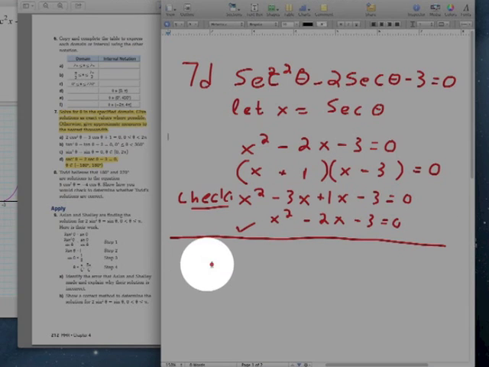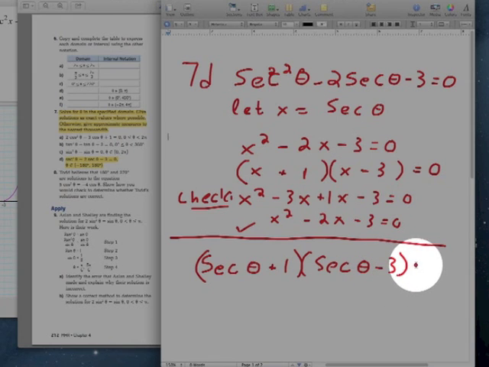So this means that when we're working on this, let's pop secant theta back in for x. So secant theta plus 1 and secant theta minus 3, and these all need to work out to 0.